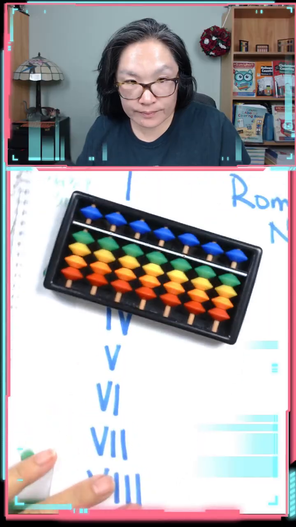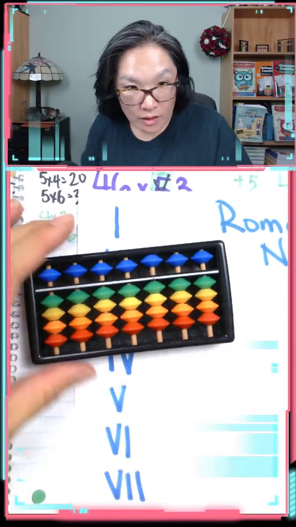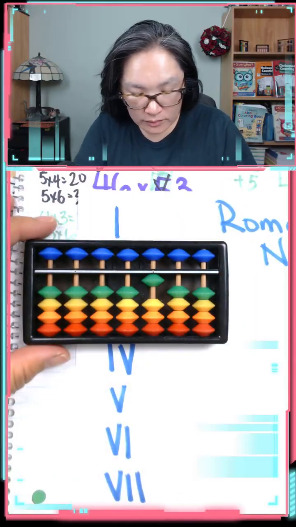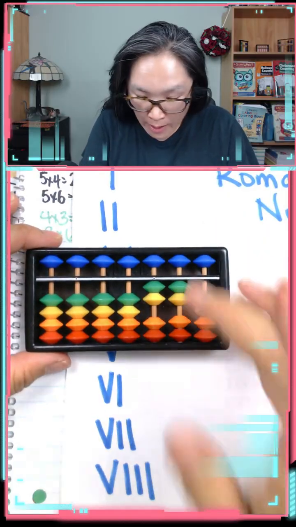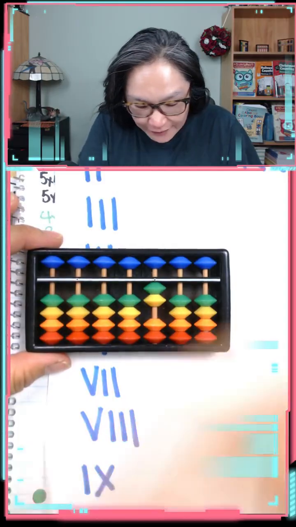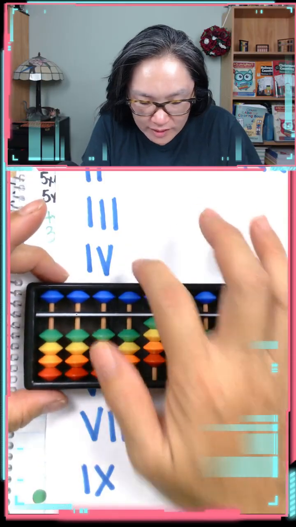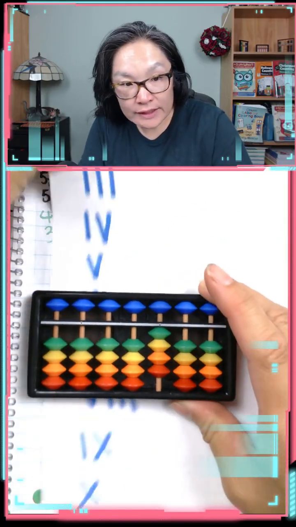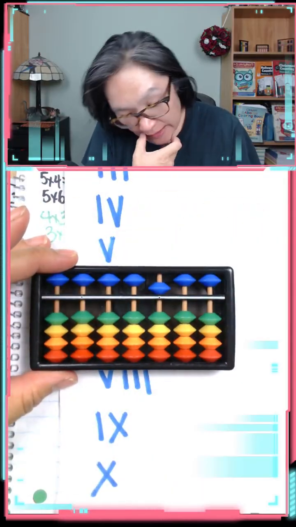If you remember your Roman numerals, we have 1, 2, 3, 4. 4 is just 5 minus 1. But then we go to 5. That's what 5 looks like.